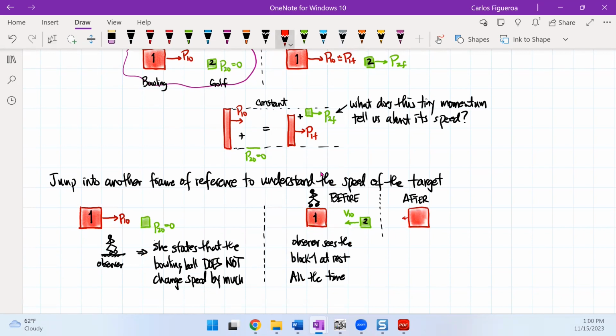But now look at the speed at which the target moves off. It should move off with the speed of roughly v final equal to minus v initial.